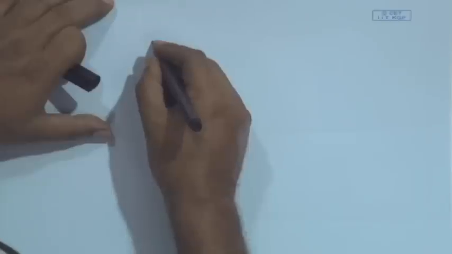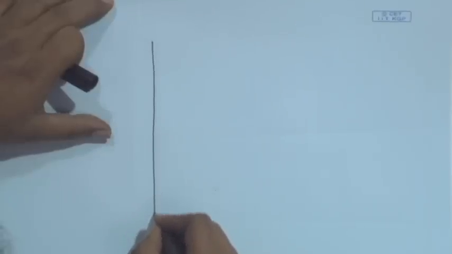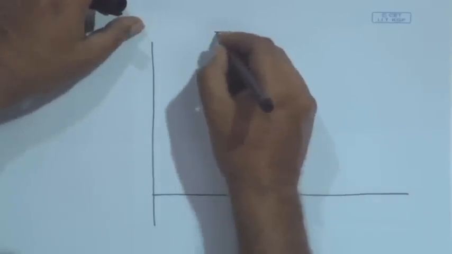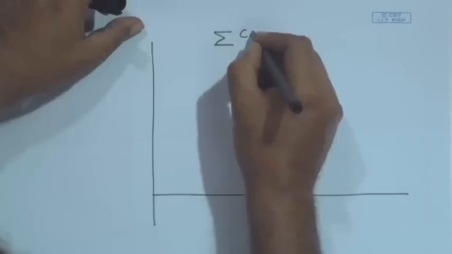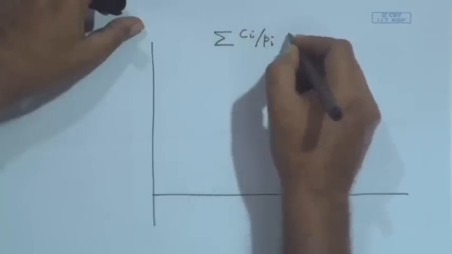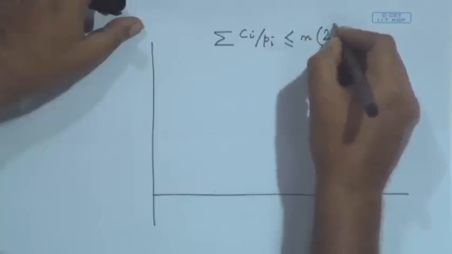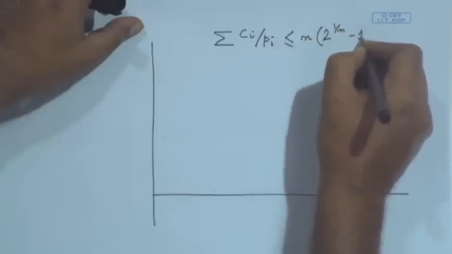Now, so what happens is, if I just draw a curve, we have got this sigma C_i by P_i should be less than n times 2 raised to 1 by n minus 1.